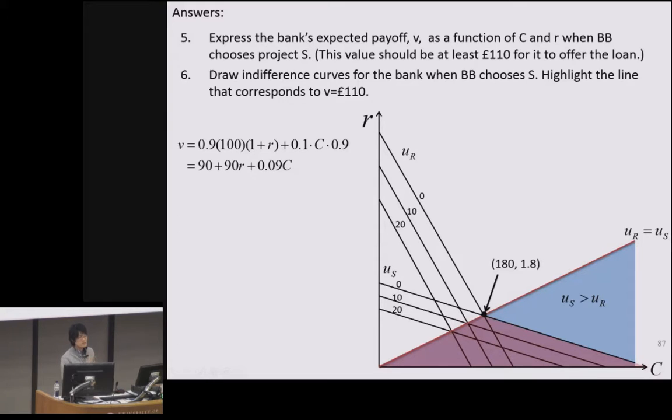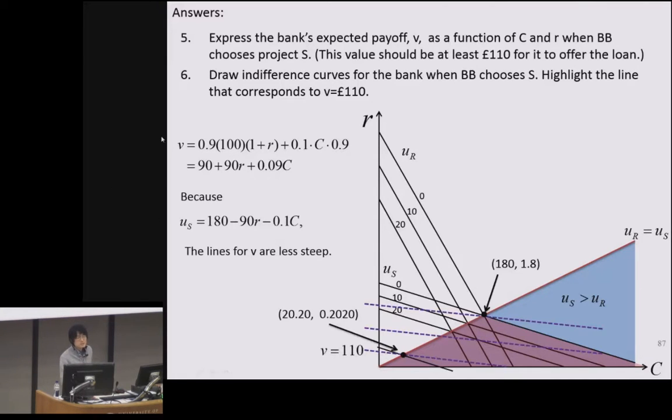Let's draw indifference lines for this, and remember, US has this expression, so by comparing this expression and this expression, we can see that the indifference lines for V are flatter than those for US. If you are confused, go back to that math preliminary we did last week.